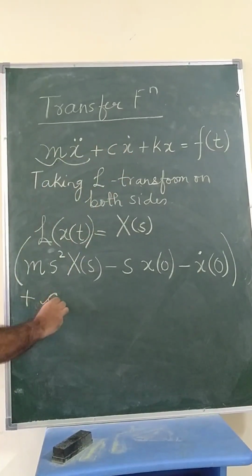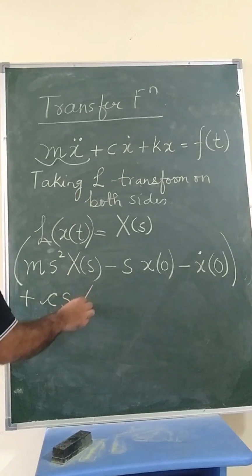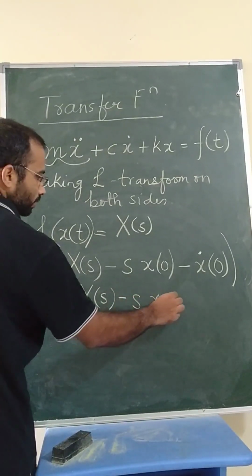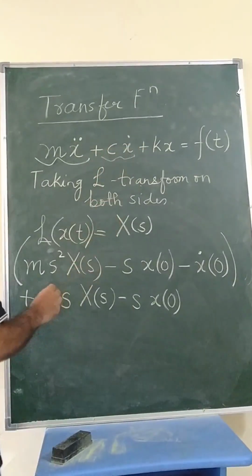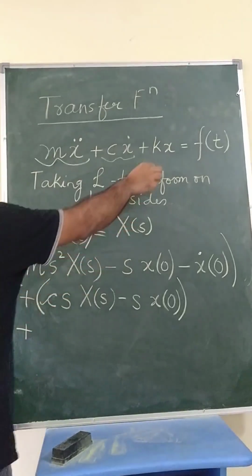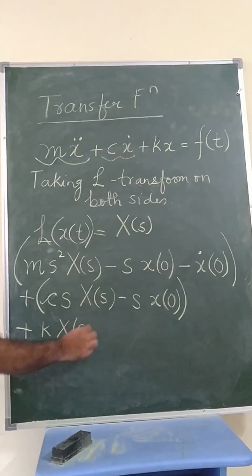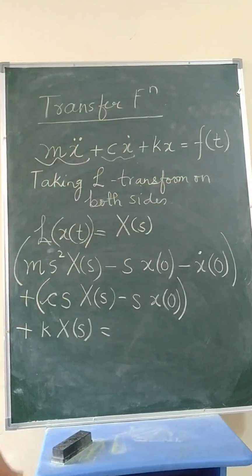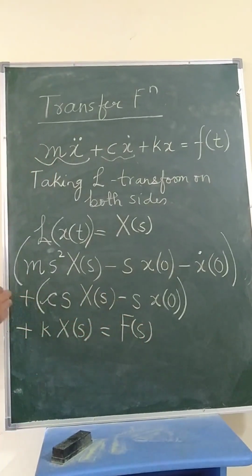So this will be c, and since this is a single derivative of x, there will be only one s: s times X(s) minus x naught. This is the Laplace transform of this term, plus the Laplace transform of this term will simply be k times capital X(s), equal to the Laplace transform of f(t), the forcing function.